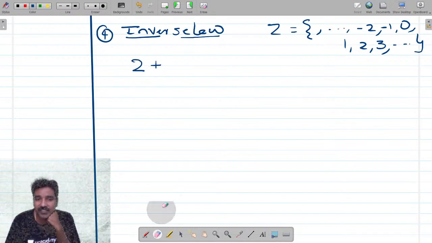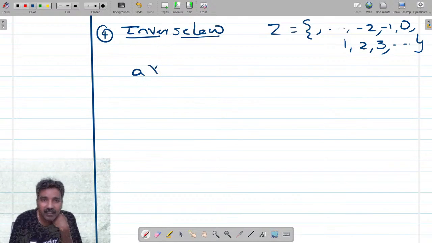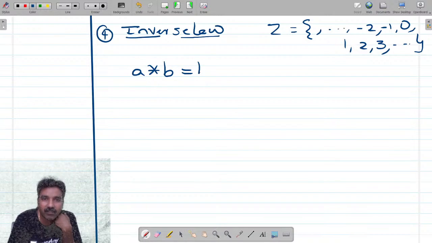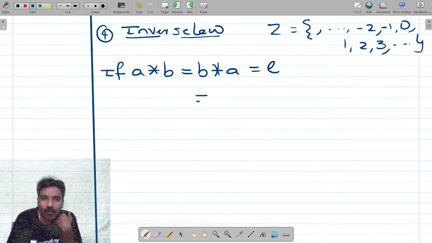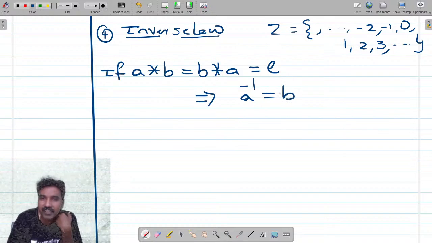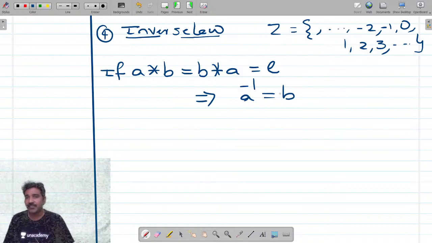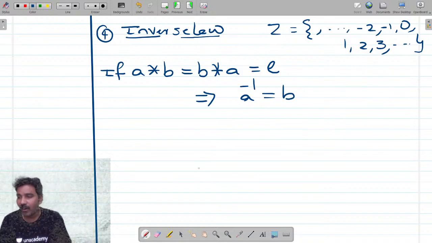Just let me write out this inverse property. You can understand. A star B equal to B star A equal to E. If this happens, then what do you say? What is inverse of A? It is B. Inverse of A is B. Got it? The point is clear.